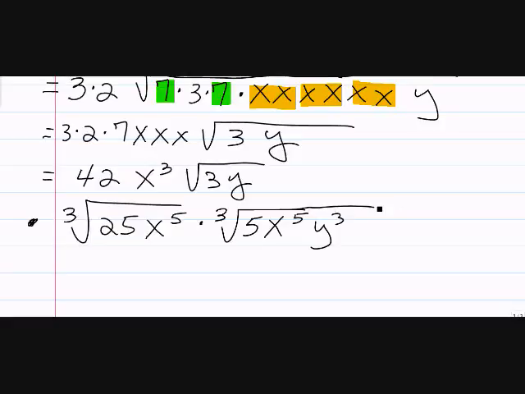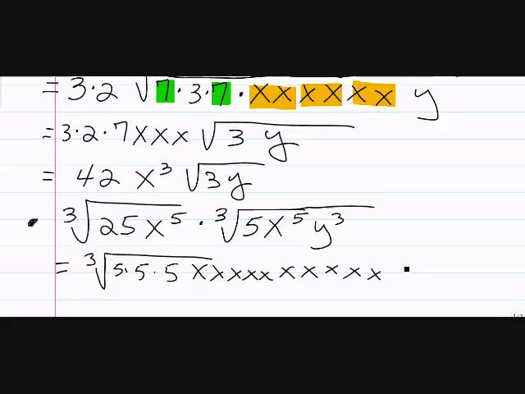That looks good. So this becomes the cube root of 25 is 5 times 5. And I'll pull over the other 5. And 5 x's. And another 5 x's. And 3 y's.